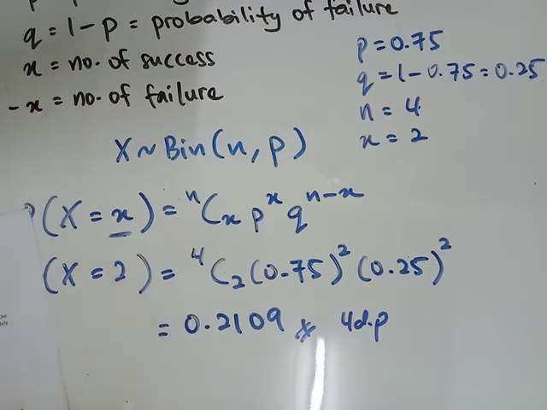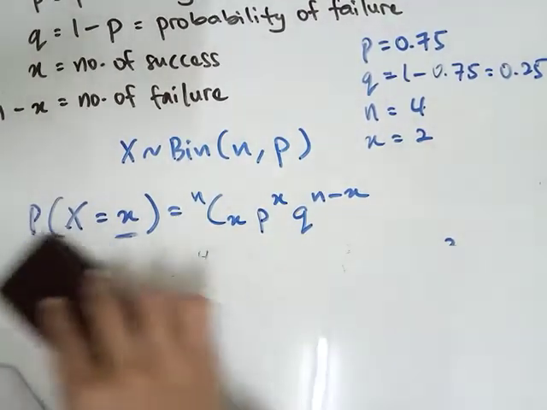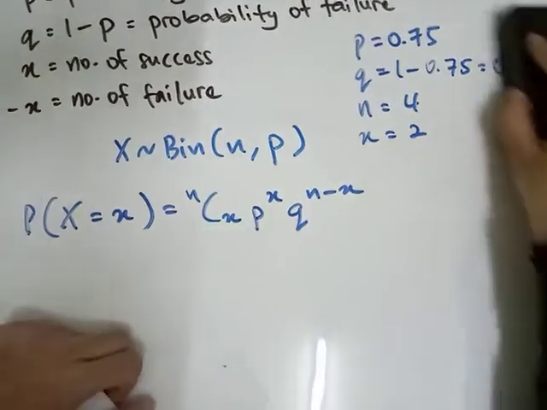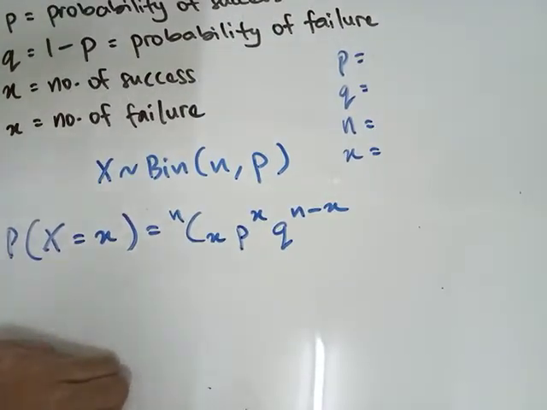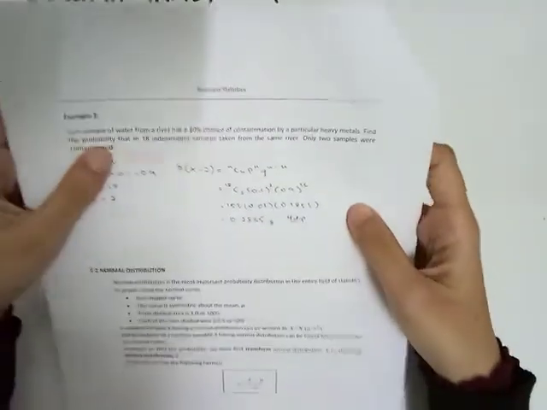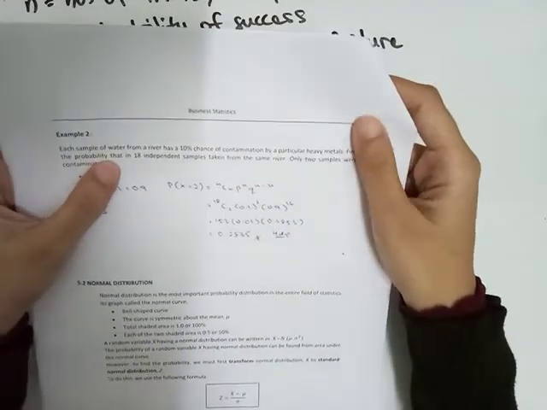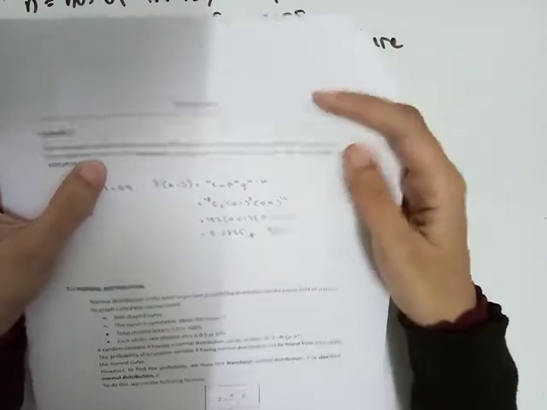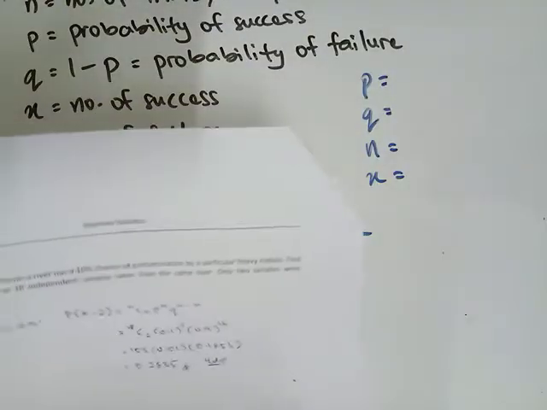Okay, look at example 2. For example 2, each sample of water from a river has 10% chance of contamination by a particular heavy metals.